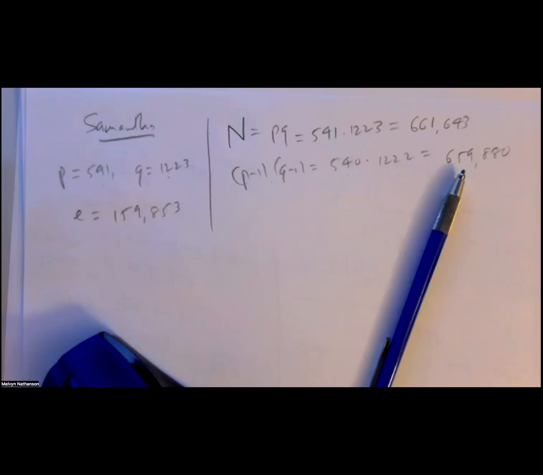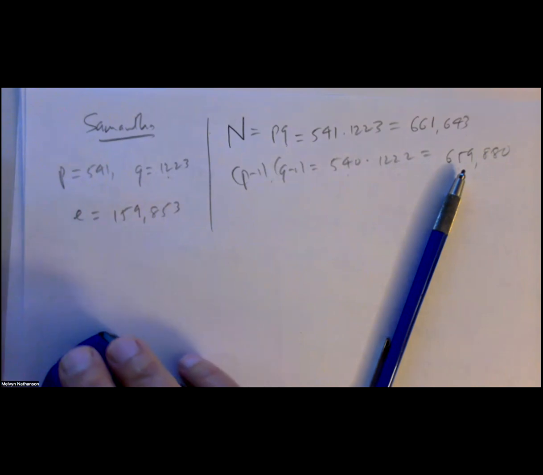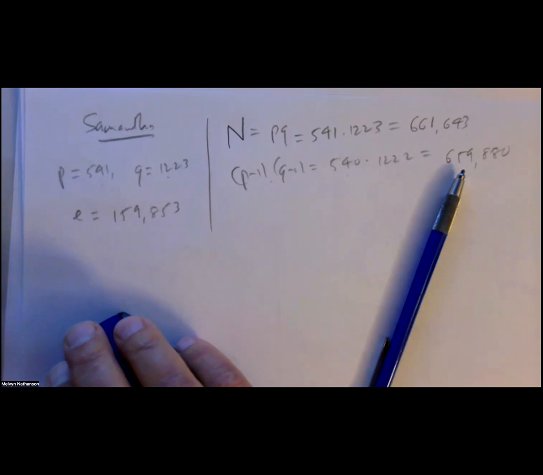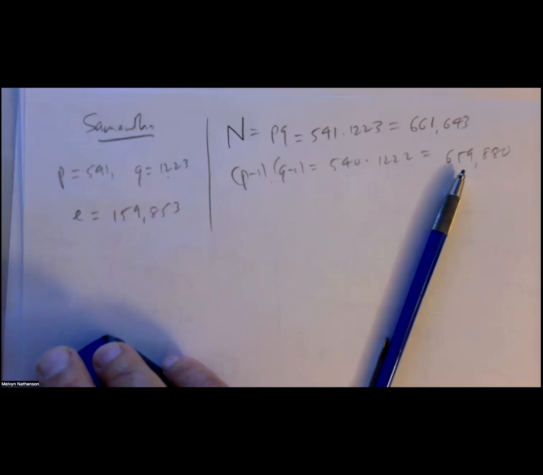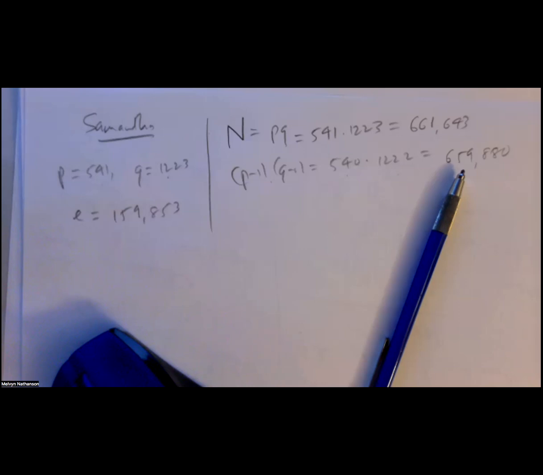I'm just on my computer here, double checking the greatest common divisor of p minus 1, q minus 1, which is this number 659,880, and E, which is 159,853.